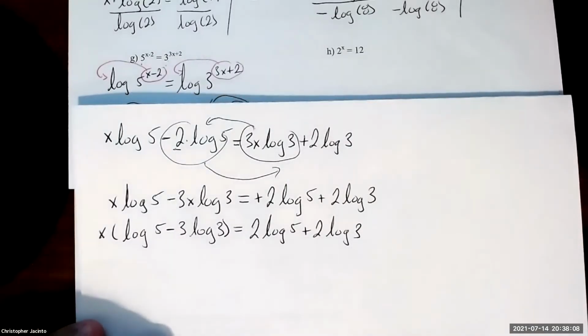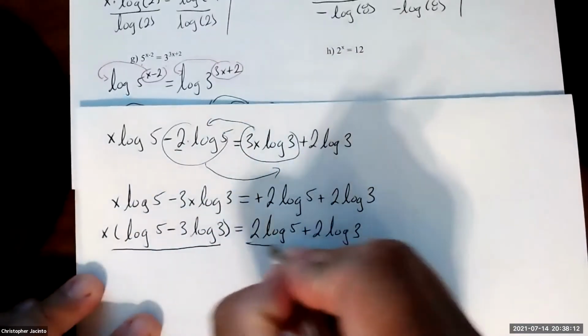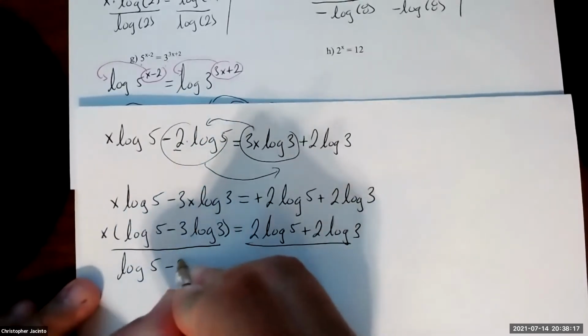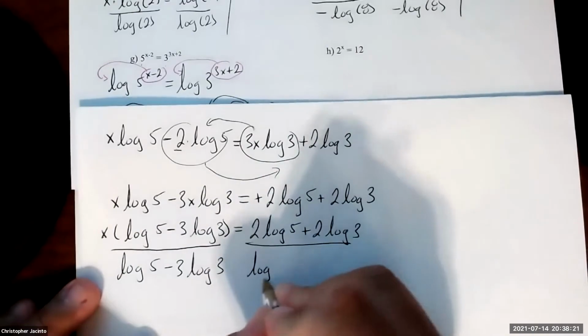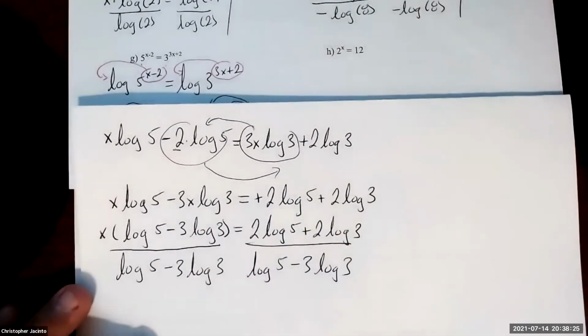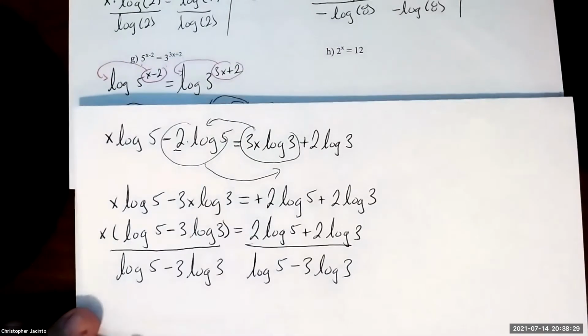And then the last step is to finally divide both sides by this whole thing. Don't worry, this will actually be the longest of what you'll see, because we had x plus something on both sides.